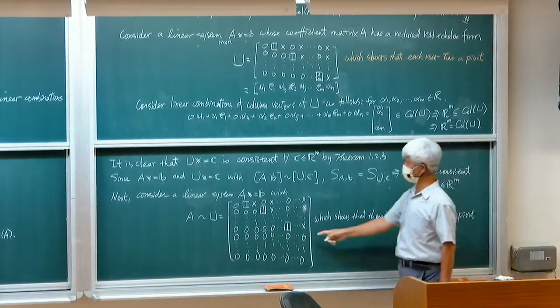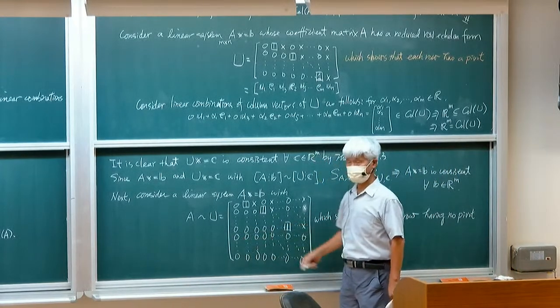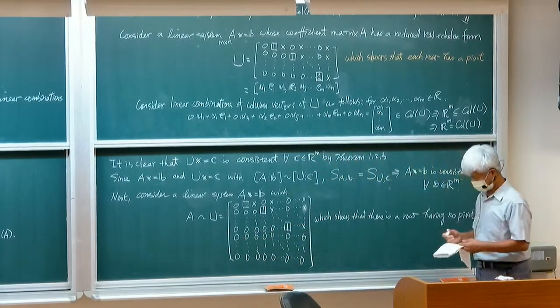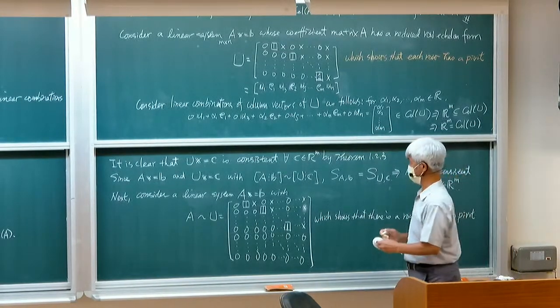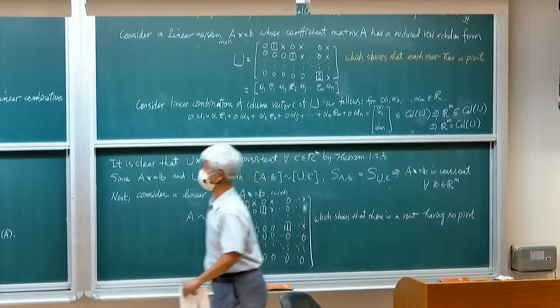So that means that there is a zero row, right? Zero row here. Okay.